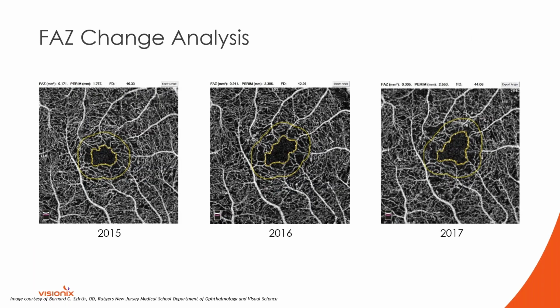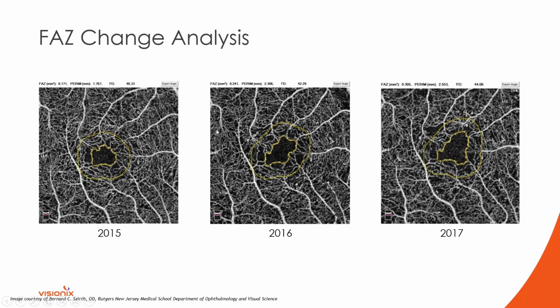So here's an example. Here's a patient that we saw in 2015. The FAZ was measured as 0.171, so we're going to consider that the baseline FAZ size. This is a diabetic patient. We bring the patient back a year later for their diabetic eye exam, and we're trying to determine is the patient stable or not.